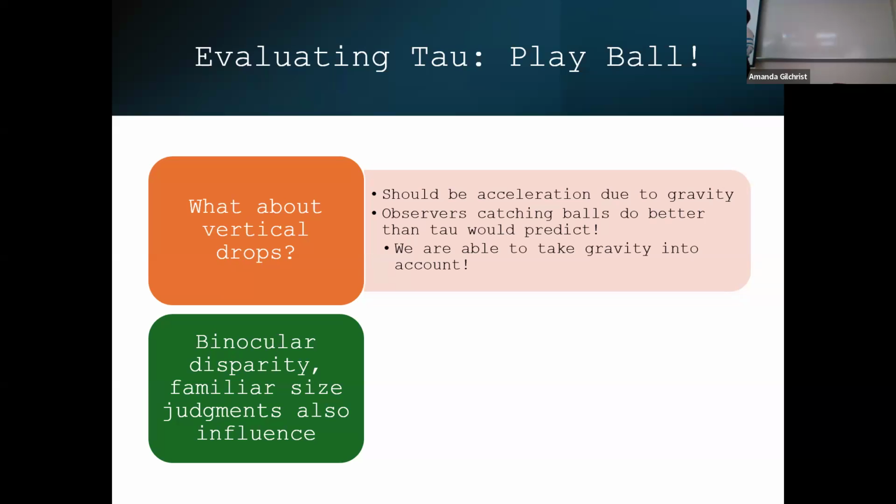We know that familiar size judgments also influence how we catch these. Remember that if you have knowledge of the size that an object is supposed to be, you're going to have an easier time catching something if you already know what the size is. So I know what size a softball is. I'm probably going to have an easier time catching that than some random object that I've never encountered before.